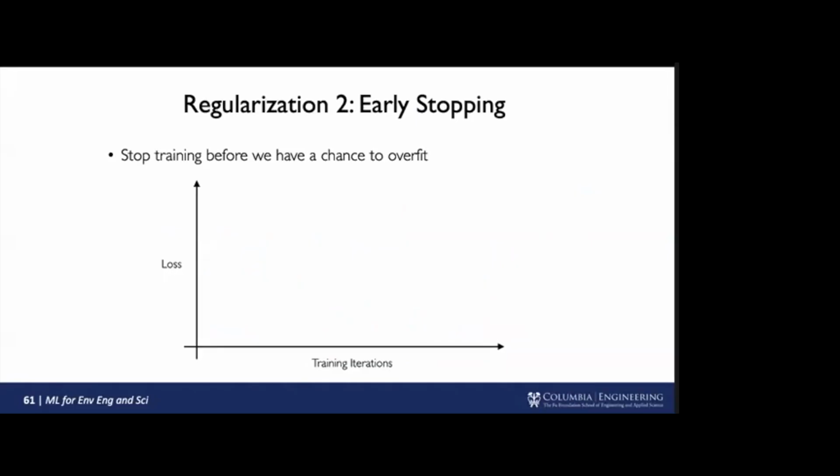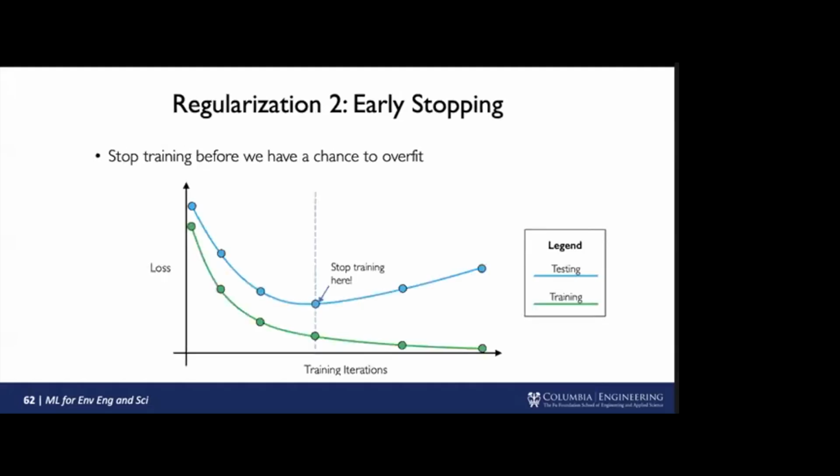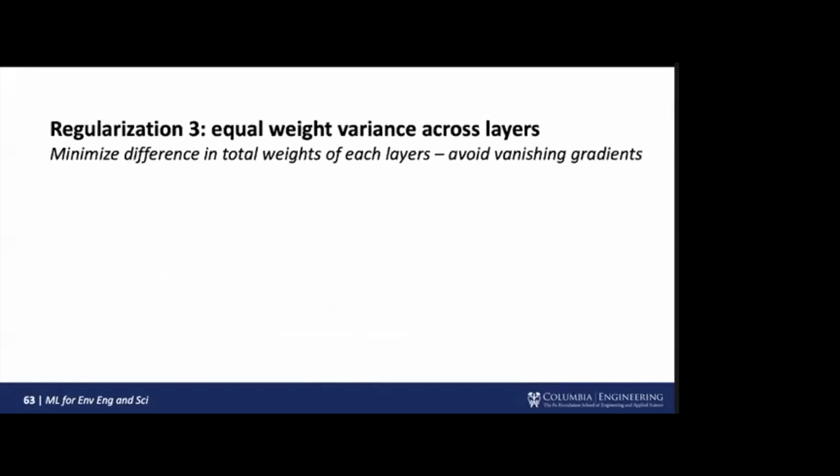This is called early stopping, right? What we do in practice is monitor performance on a validation set. When validation loss stops improving, we stop training. This prevents the model from continuing to fit noise in the training data. Early stopping is simple, effective, and often used together with other regularization methods.